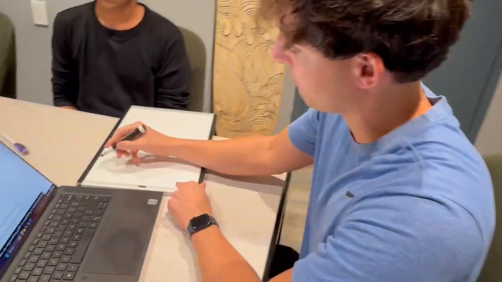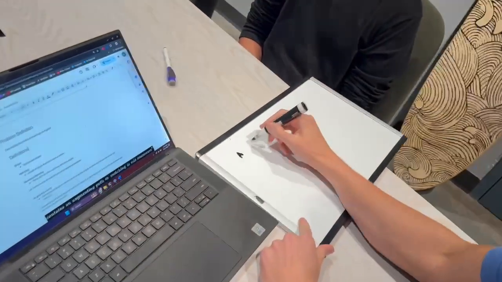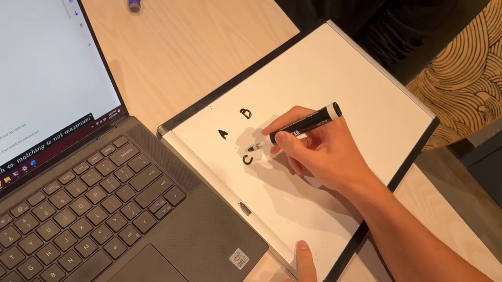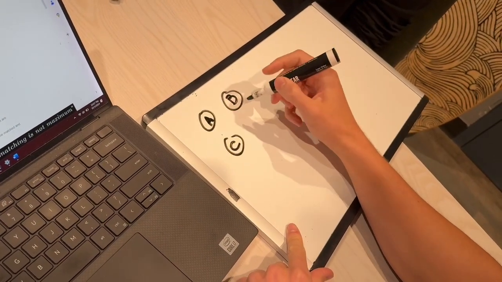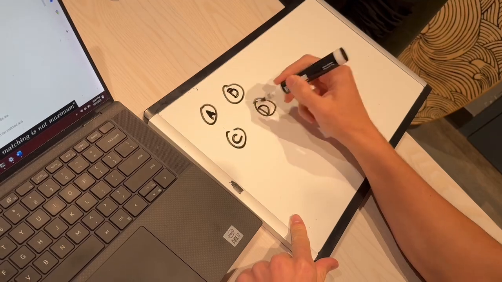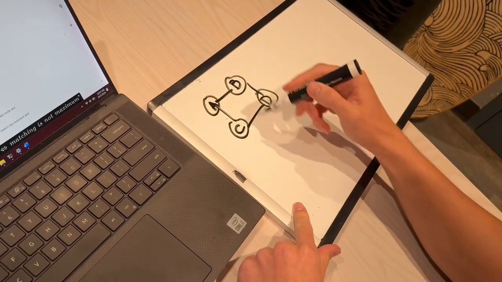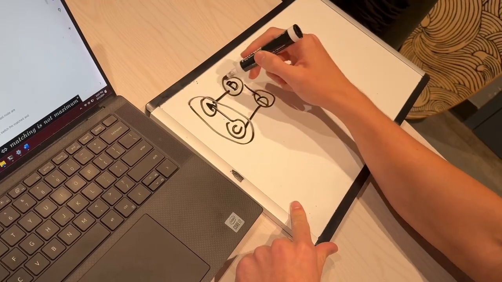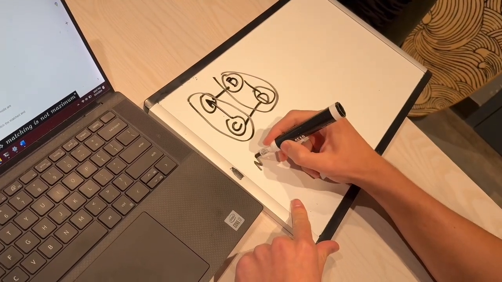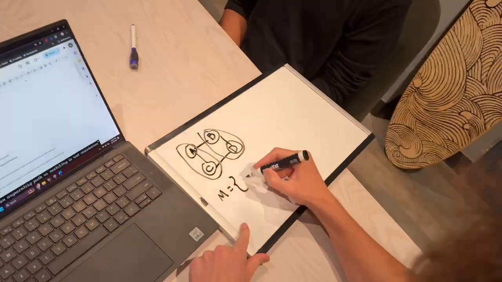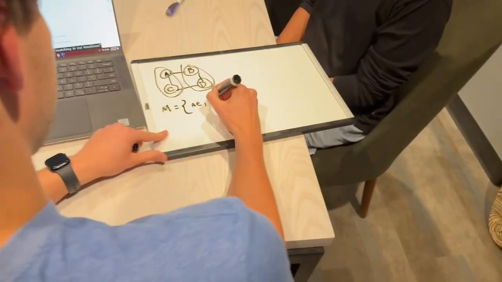So for example, if we had the graph, let's say A, B, C, and let's say D, and let's say these are the edges here. Now, one possible pairing could be A and C and B and D. So the set M of these matches would be AC and BD.